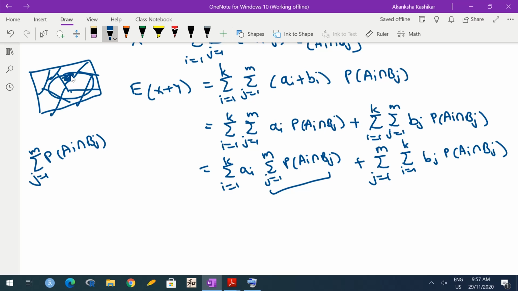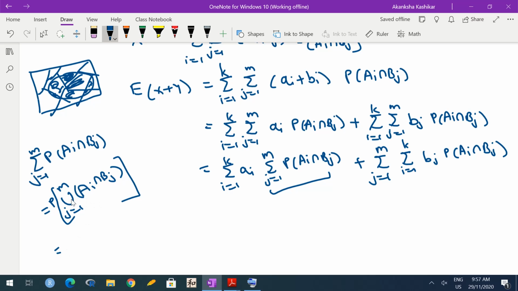Then we are taking the probability of Ai intersected with each Bj, and when we add those, finally we would get the probability of the entire Ai because they are disjoint. So this is nothing but the union over j going from 1 to m of Ai intersection Bj, and the probability of that union, where each of them is disjoint.